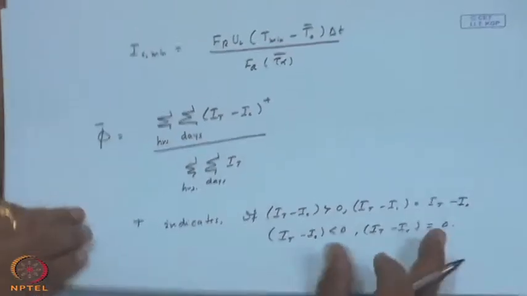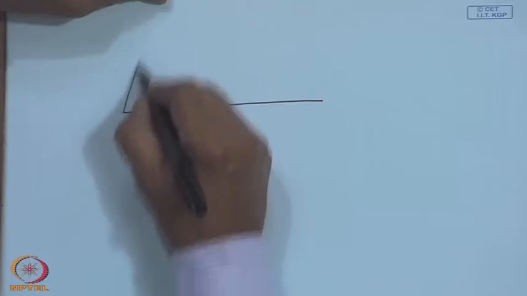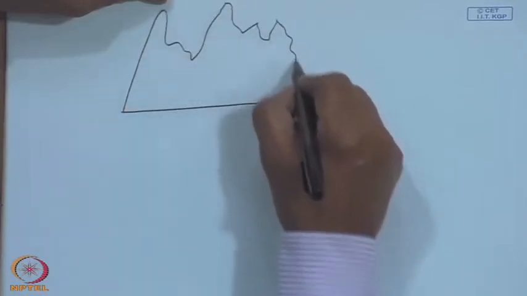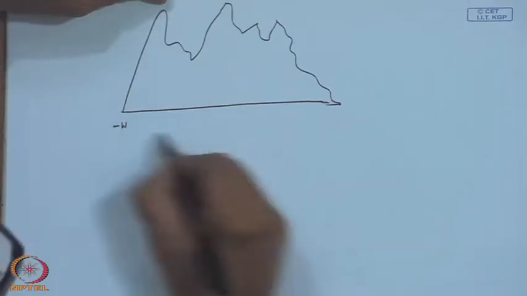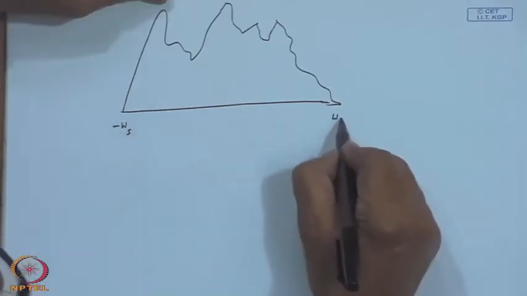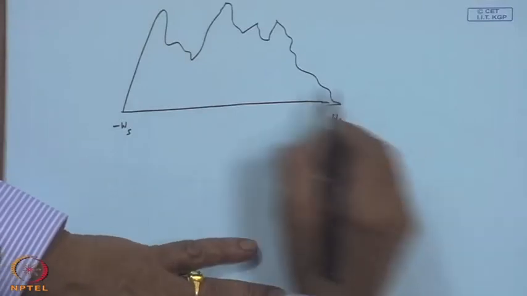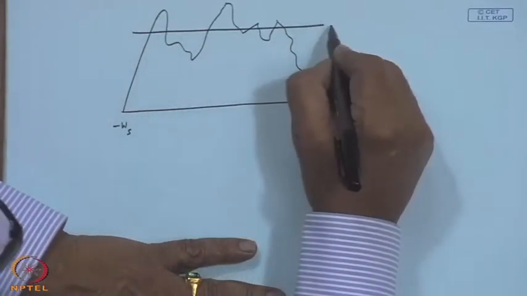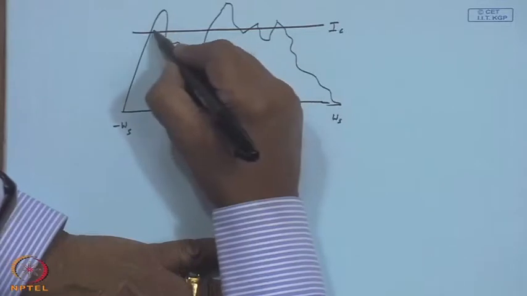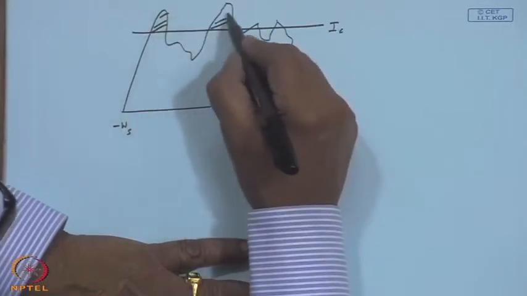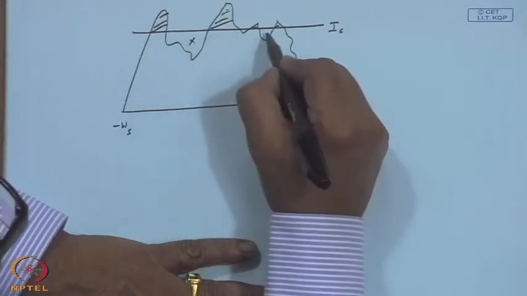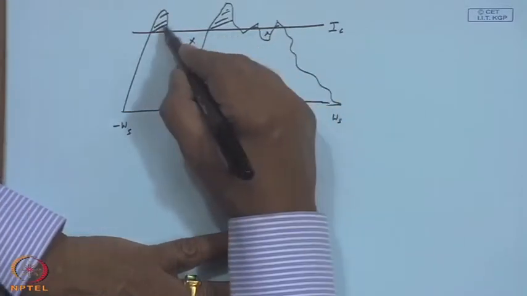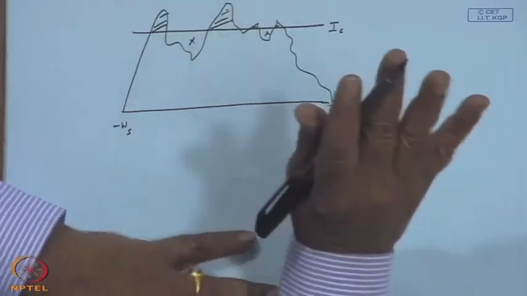again with reference to the figure, imagine a wavy cloudy day where the solar radiation may be increasing or decreasing. If this is my I c, here is a contribution, here is a contribution, here is a small contribution here. This is negative, so it will not subtract from these positive things; it is treated as 0.